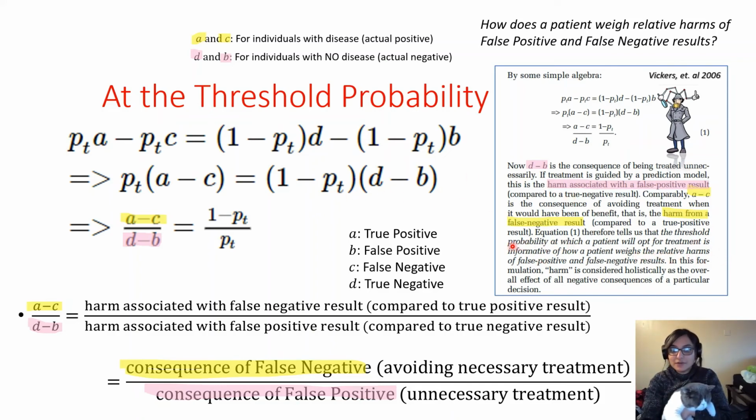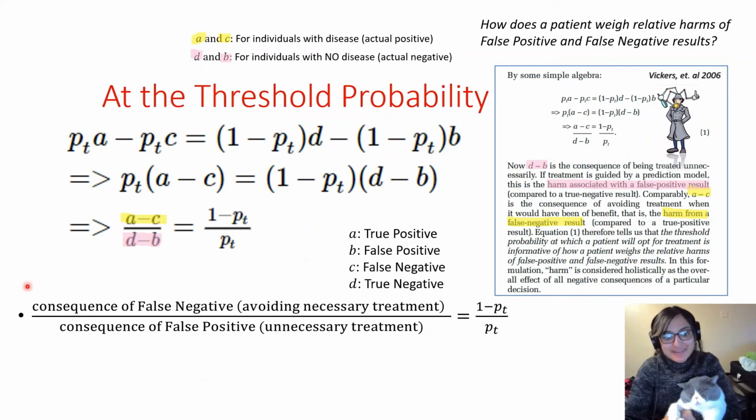This will tell you how a patient weighs the relative harms of false positive and false negative results. So in this formulation, harm is considered holistically as the overall effect of all negative consequences of a particular decision. So the harms, how do we weigh here? That's what we're concerned with.